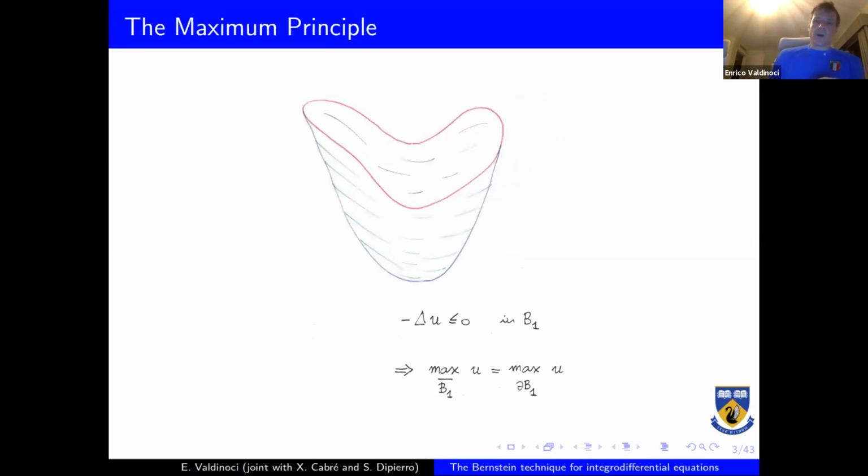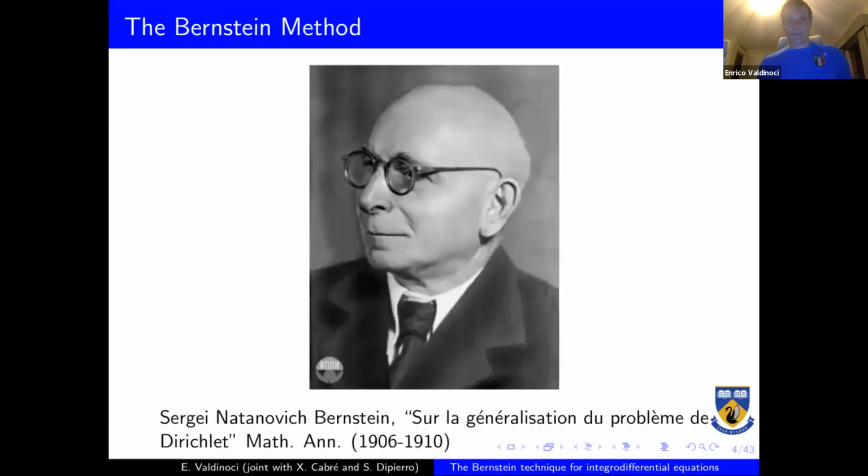The core of the idea of Bernstein is that you can use maximum principle not for the original solution, but for some kind of auxiliary function that is constructed out of the original solution. But once you use the maximum principle to the original function, then you can derive from that some kind of bounds for the solution itself.